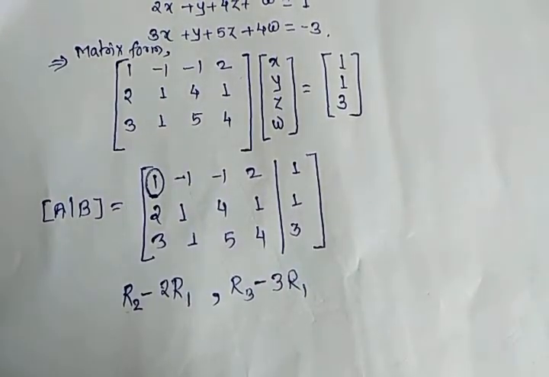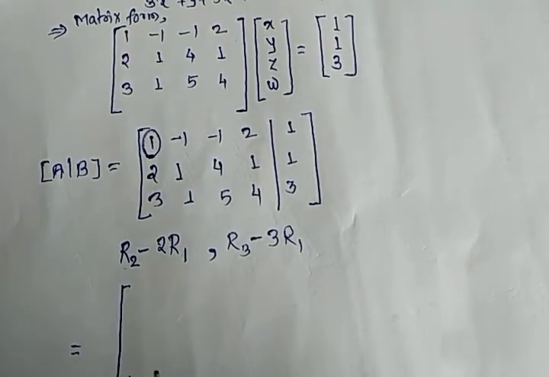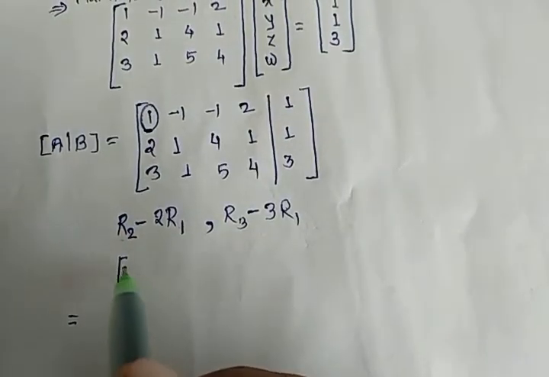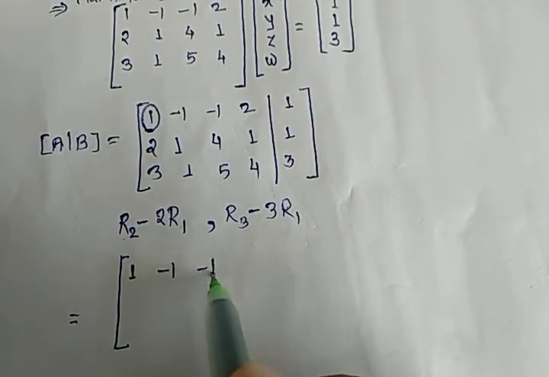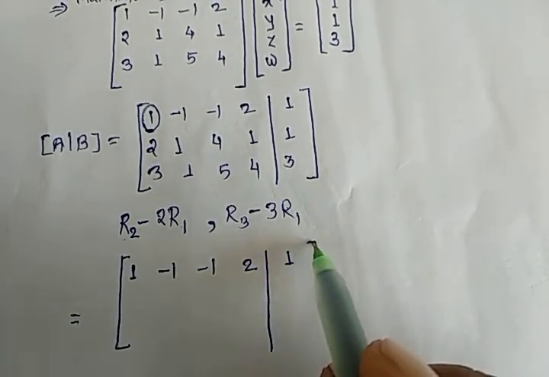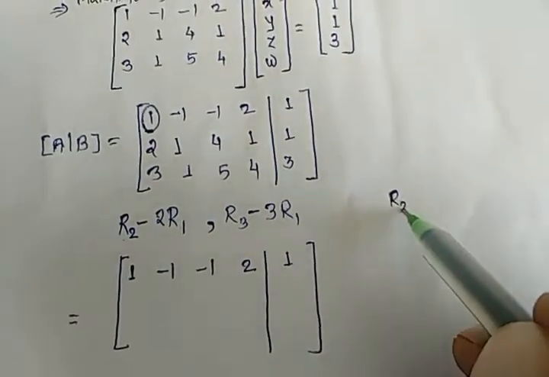So we get the first row as 1, -1, -1, 2, augmented 1. Now the row operation is R2 minus 2 R1.